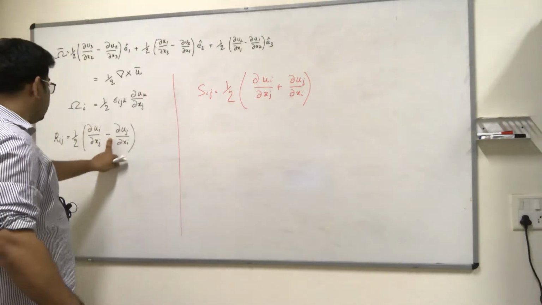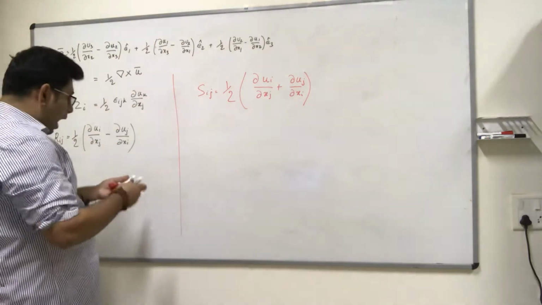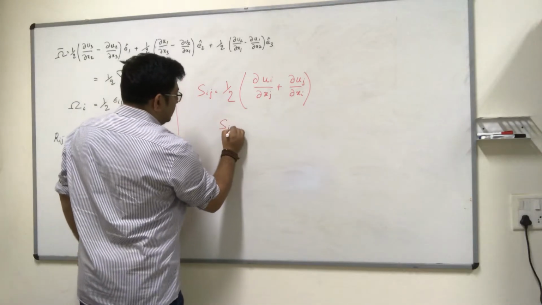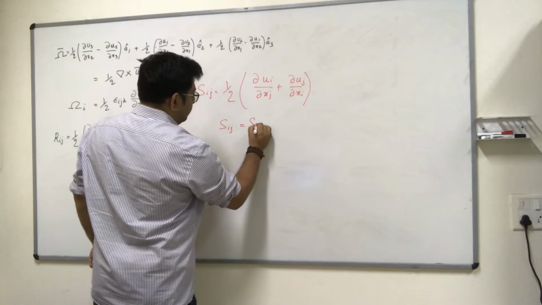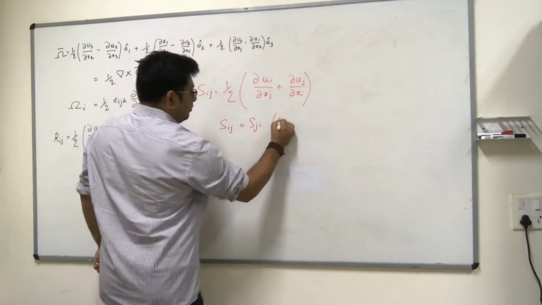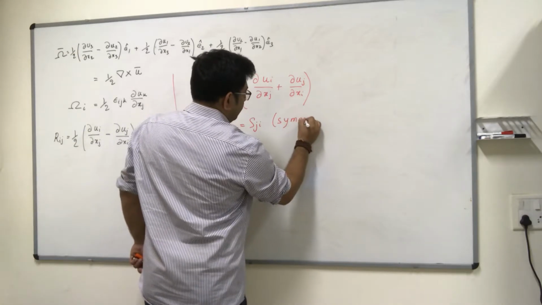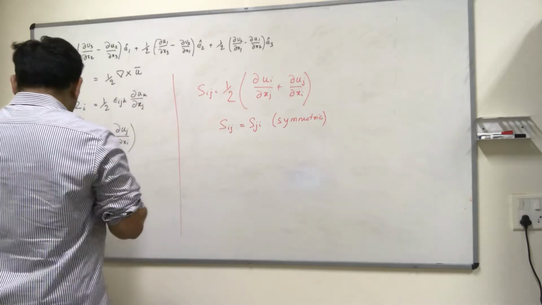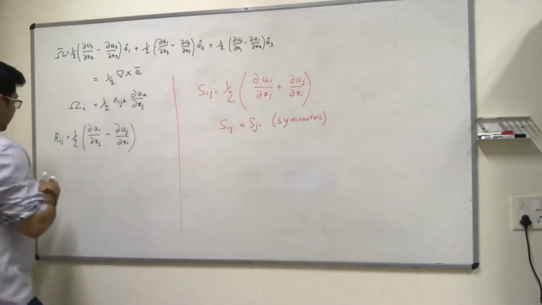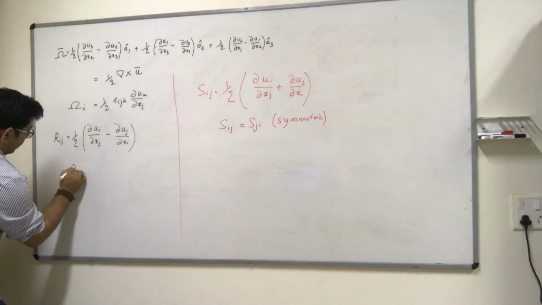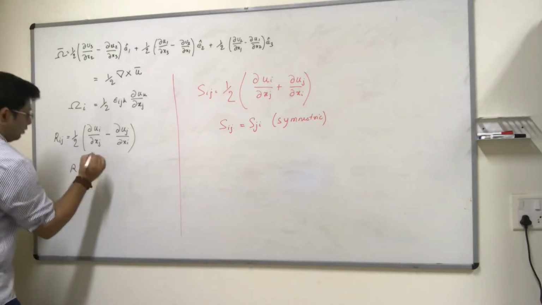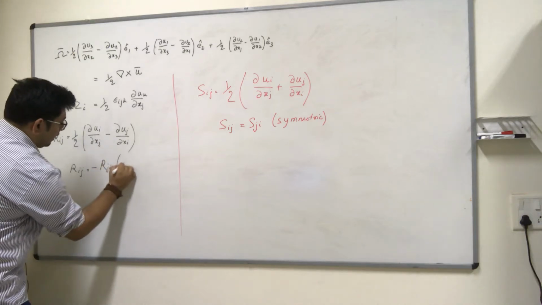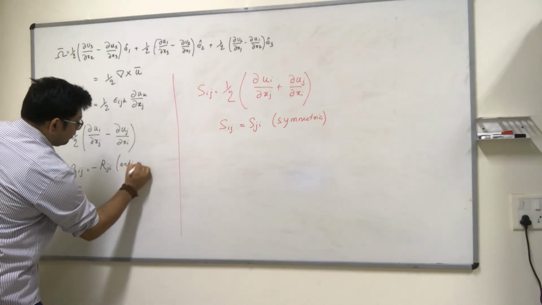This small difference creates one difference: Sij was symmetric, but Rij is not symmetric. Rij is minus Rji, so this is an antisymmetric matrix.